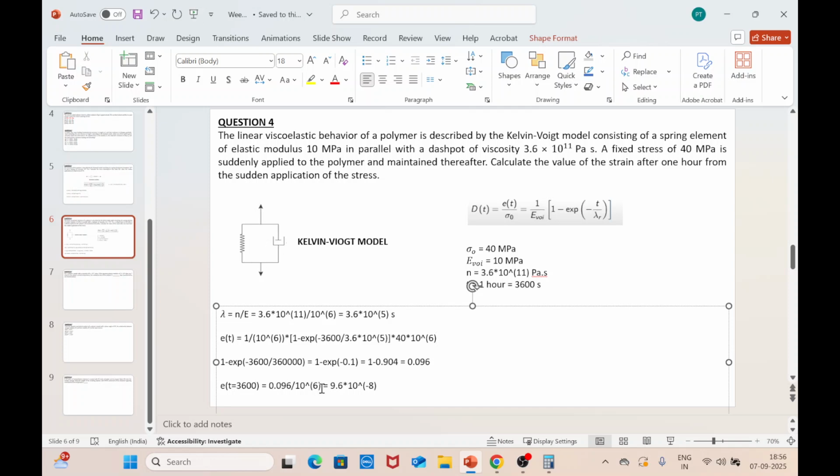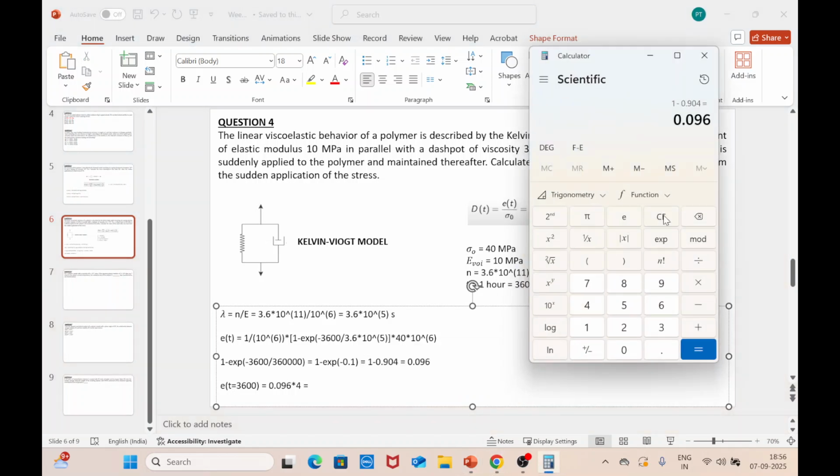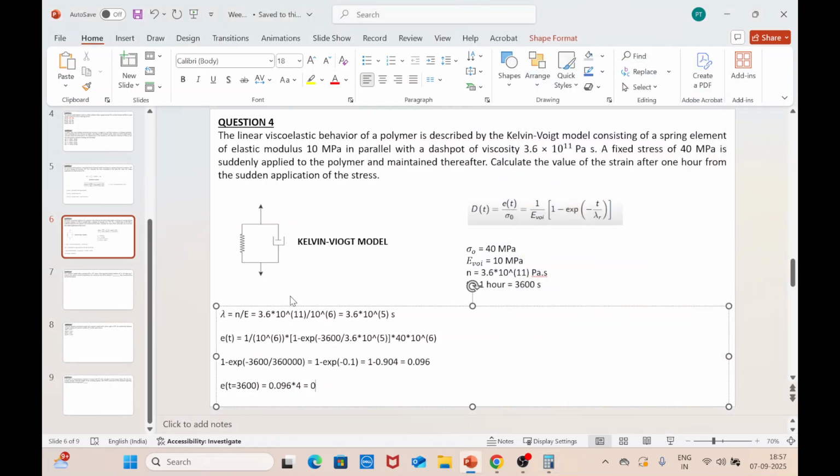So 40 times 10 to the power 6 divided by 10 to the power 6, so that is going to get neglected. What we are left with is 0.096 times 4, 0.384, which is the strain that is developed in the material after 1 hour from the sudden application of the stress.